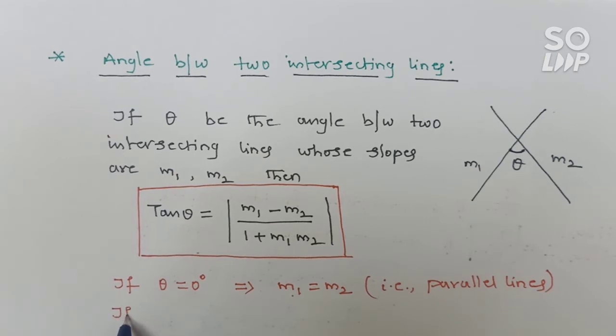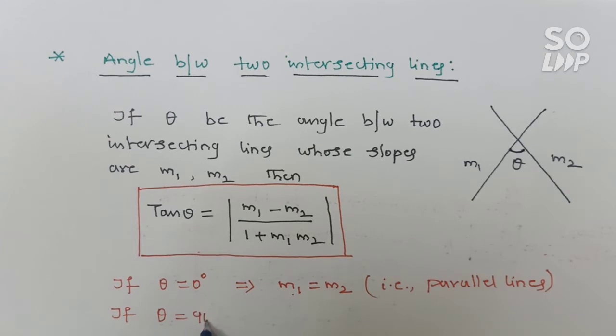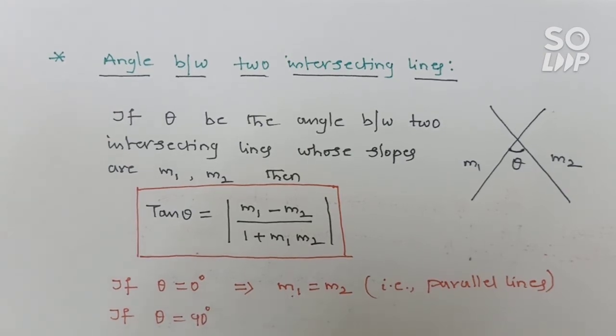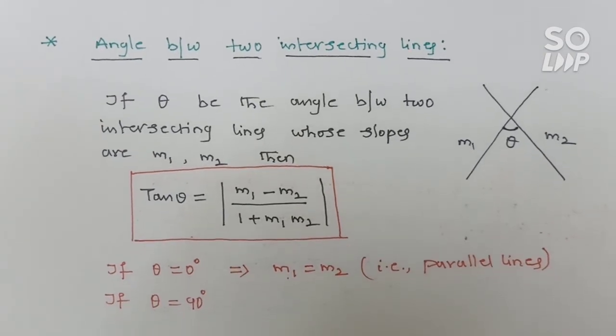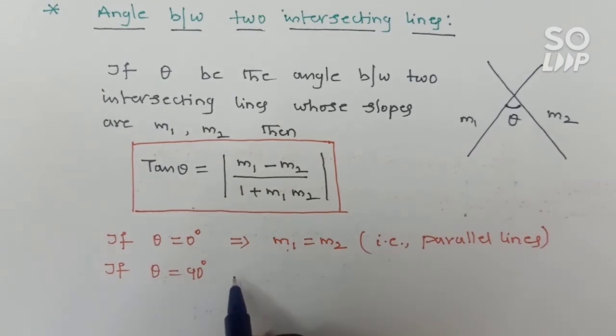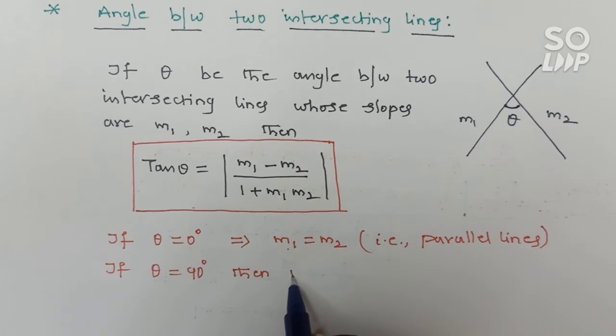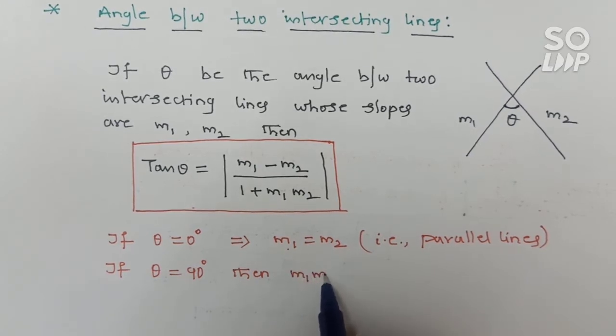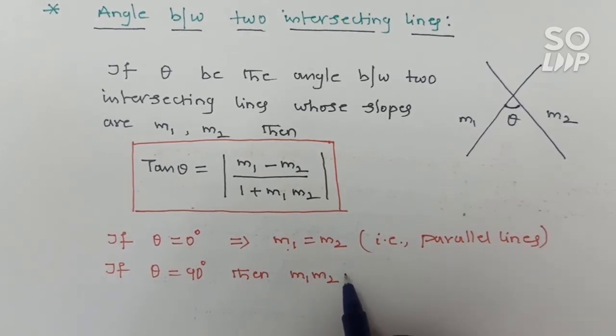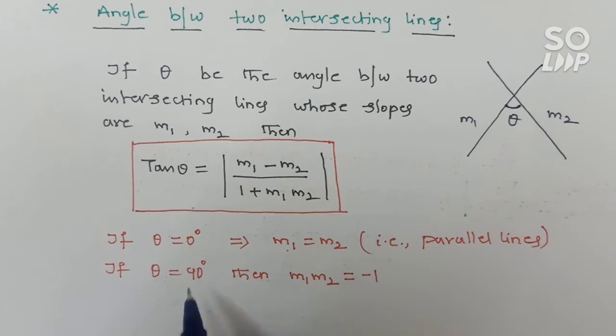Similarly, if theta is equal to 90 degrees, theta equal to 90 means tan 90 is equal to infinity, then you will get that 1 plus m1 into m2 is equal to 0. That means m1 into m2 is equal to minus 1. Theta is equal to 90 means when will you get that the angle between the lines is 90?